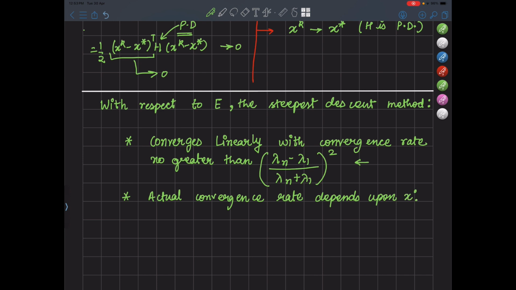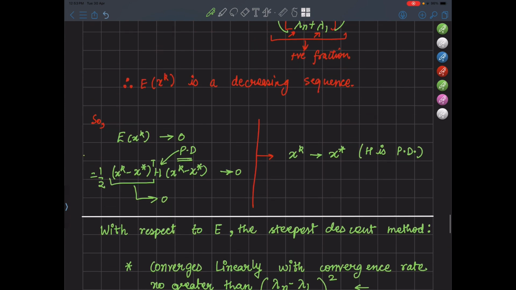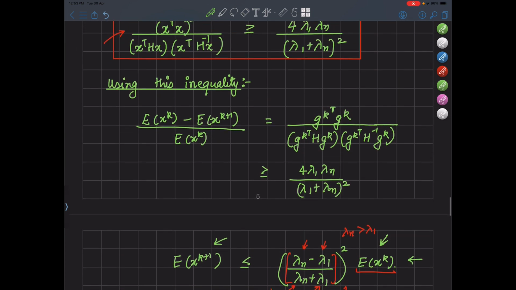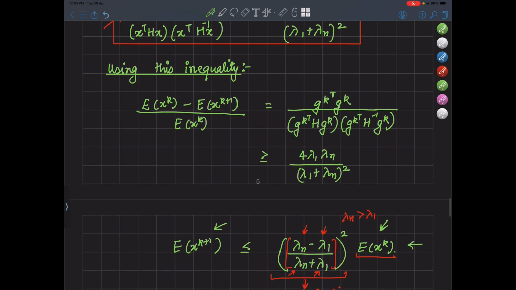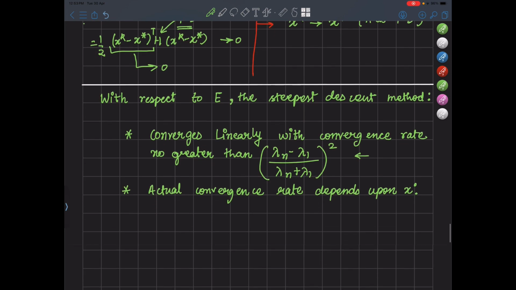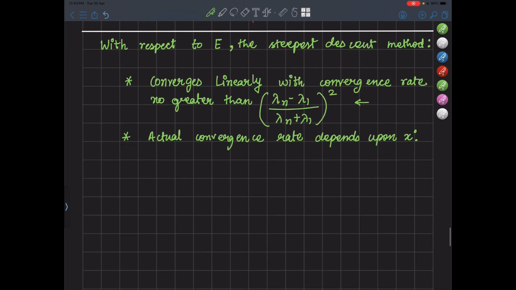So how fast the algorithm converges will depend significantly on the initial condition that you choose.